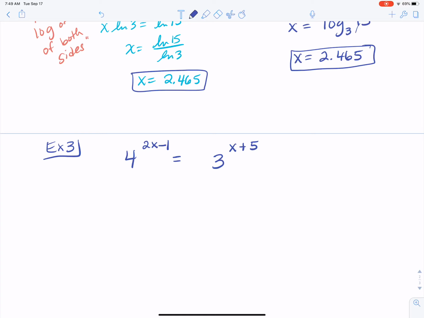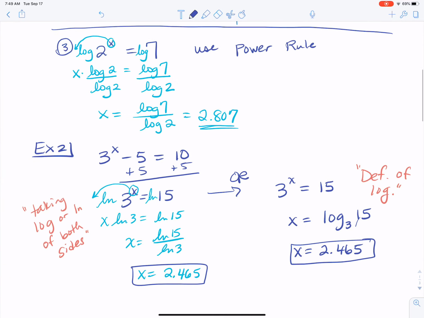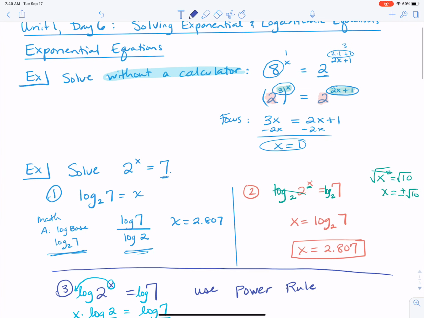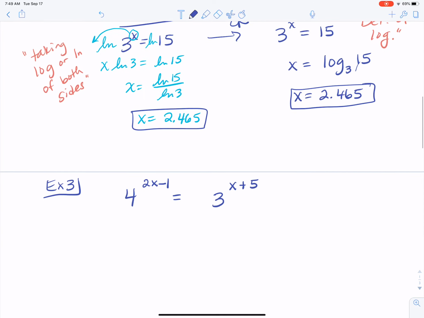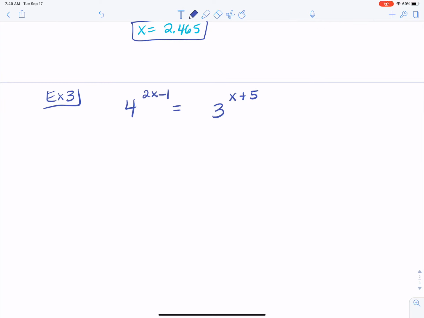Kind of like the very first example, I guess I didn't number it, but this very first example at the top, see if you can make the bases match each other. And we cannot make a 4 and a 3 match each other. We cannot rewrite those as powers of each other. So we cannot do anything other than use logarithms.